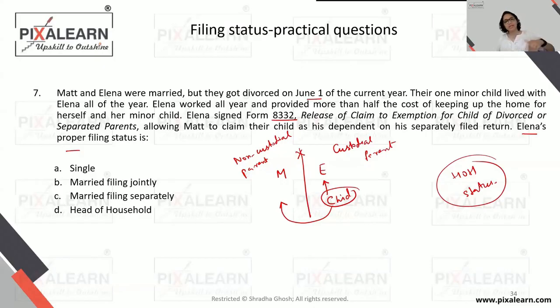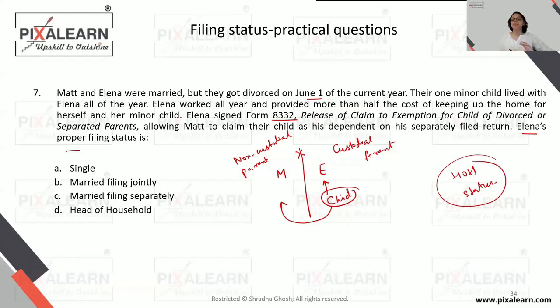Even though the dependency can be claimed by M, the HOH status would still go to E because the requirement is that you maintained the home for the child for more than half of the tax year. So in this case, remember this is an exception to the rule that the child has to be dependent on you.